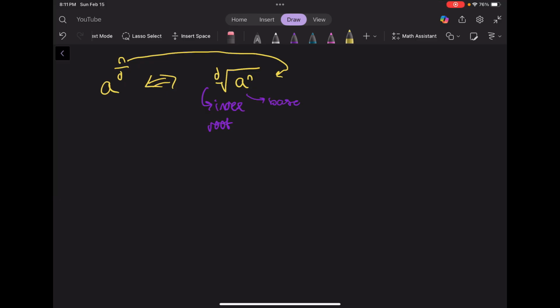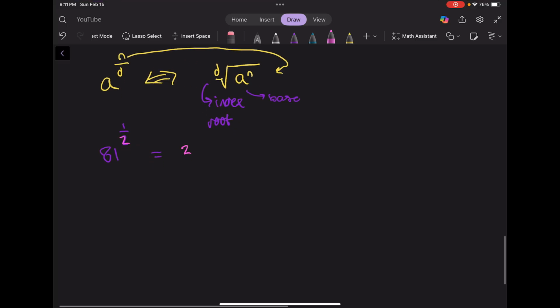So a very common example of this is, let's say we have 81 to the 1/2. By using our exponent rule, we're going to put the denominator on the outside. So we have 2 on the outside.